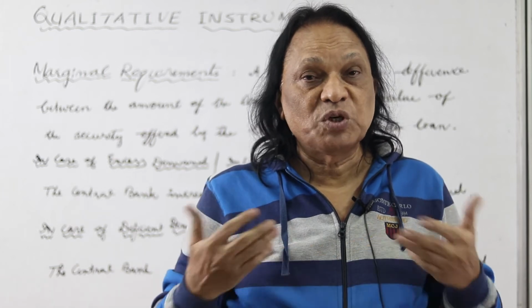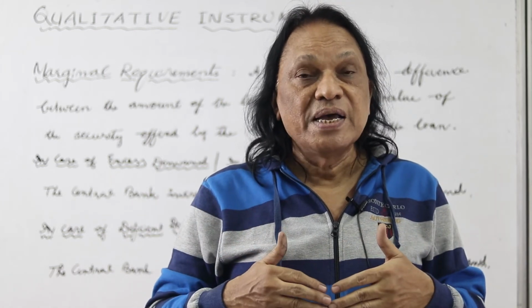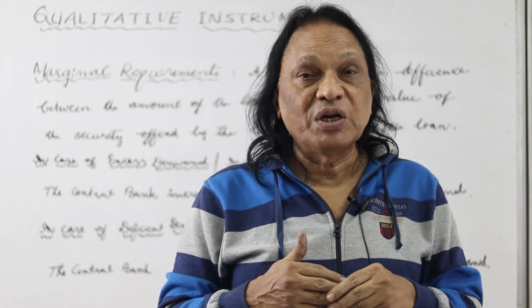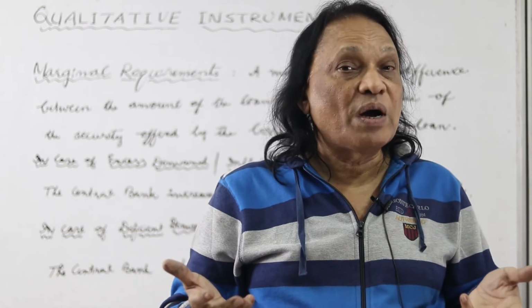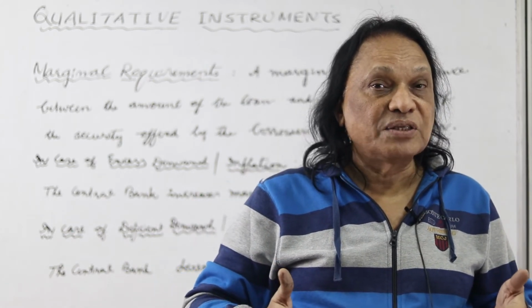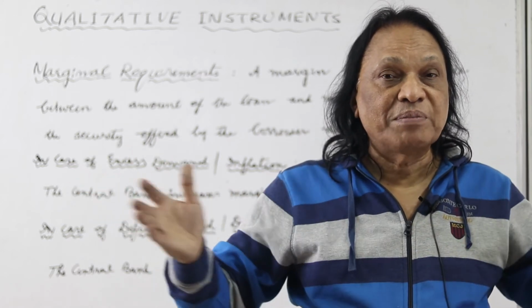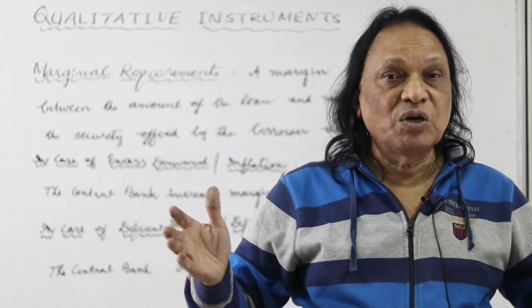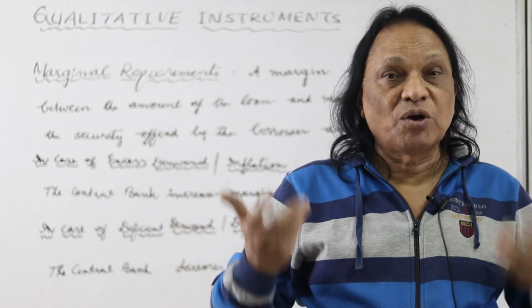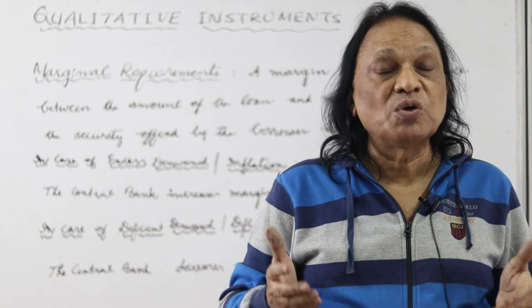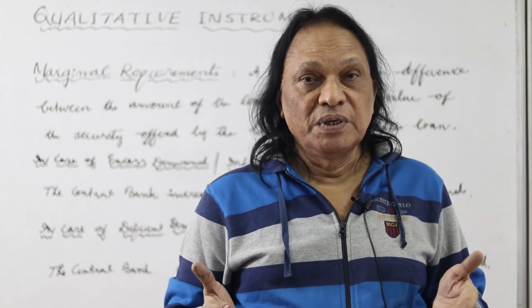So it will encourage people to borrow more money from the commercial banks. As a result, aggregate demand will go up, then output will go up. Income of the people will go up, employment level will go up, national income will go up, and we can pull the economy from underemployment equilibrium to full employment equilibrium.